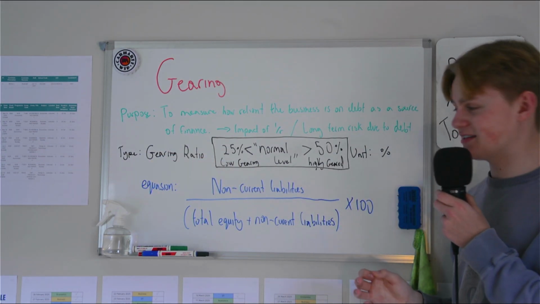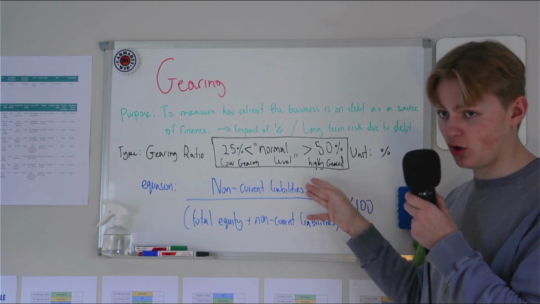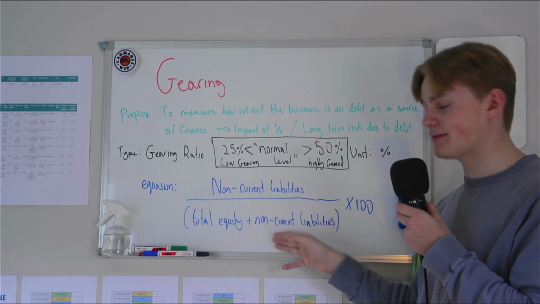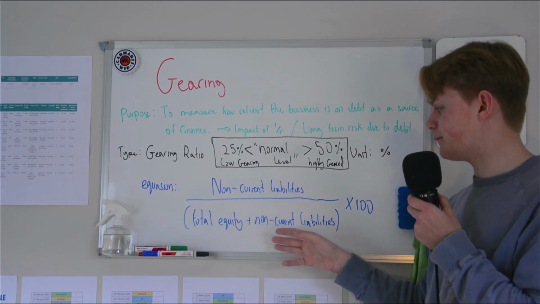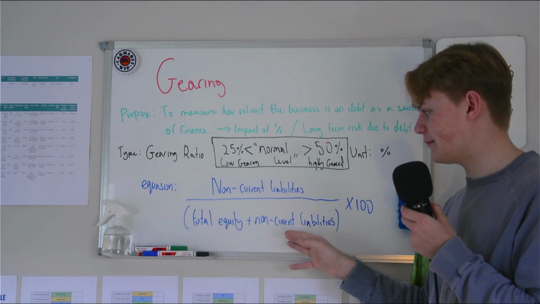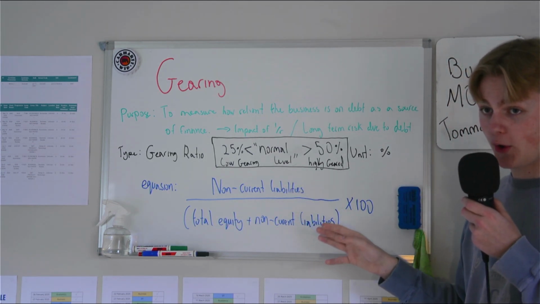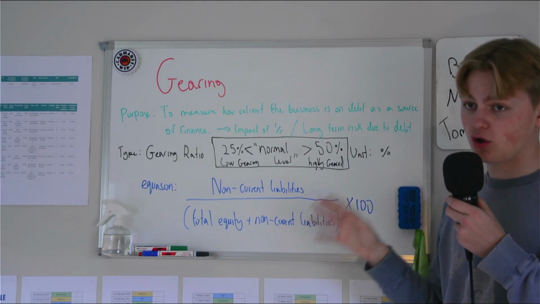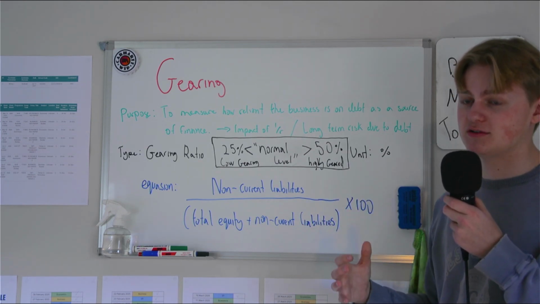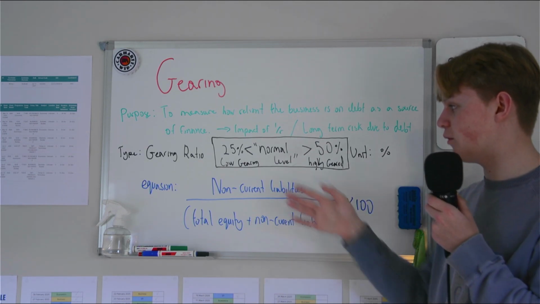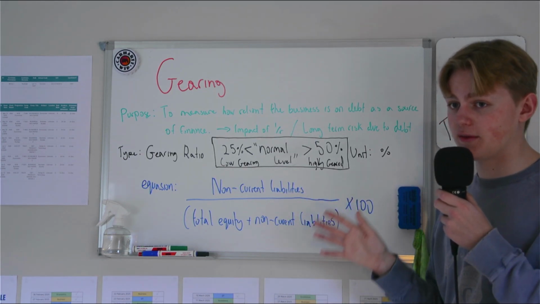And the equation for it is as such: non-current liabilities, which is our long-term debt, over our capital employed, which we saw earlier, is total equity plus non-current liabilities. Now, remember, non-current liabilities is just long-term debt. So that is just bank loans. It can only be bank loans, but it will be listed as non-current liabilities on the balance sheet.